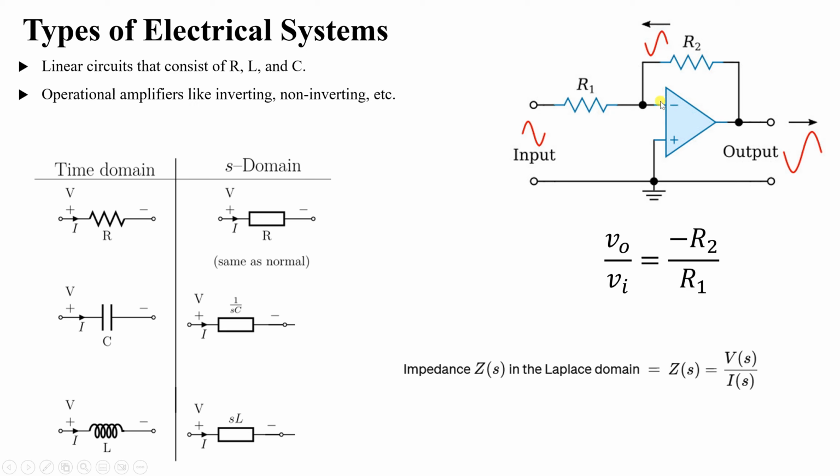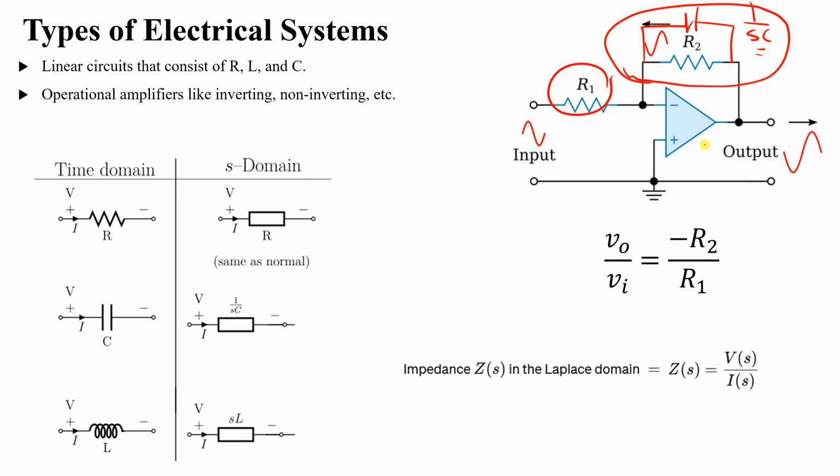When we have an inverting amplifier, then V output over V input is simply negative the second resistance divided by the first resistance, R2 over R1. Now similarly, if you have, let's say like this, a capacitance here 1 over SC, then it will be negative this parallel combination divided by R1. We will see this in the next lesson.